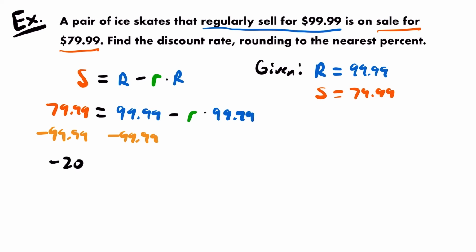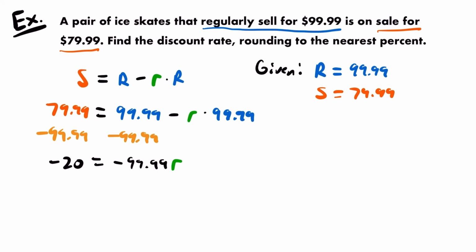So we get negative 20 is equal to 0. 99.99 minus itself is 0, minus r times 99.99, which I'll rewrite like this. It would be negative 99.99 multiplied by r, right? The coefficient of r would be negative 99.99.